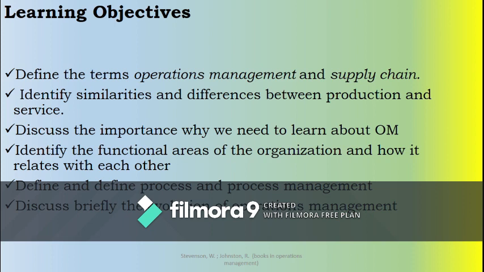So the first is, you will be able to define the terms operations management and supply chain, identify similarities and differences between production and service, discuss why we need to learn about operations management. I think we already discussed this from the previous slide.